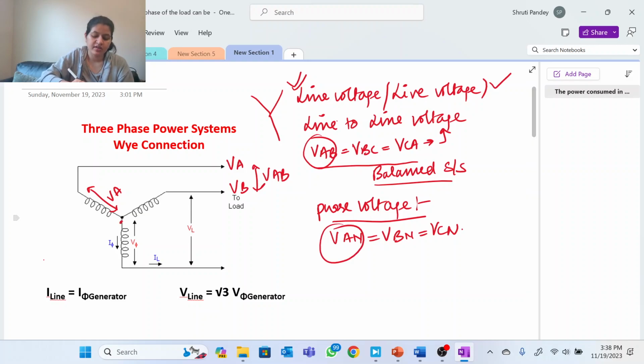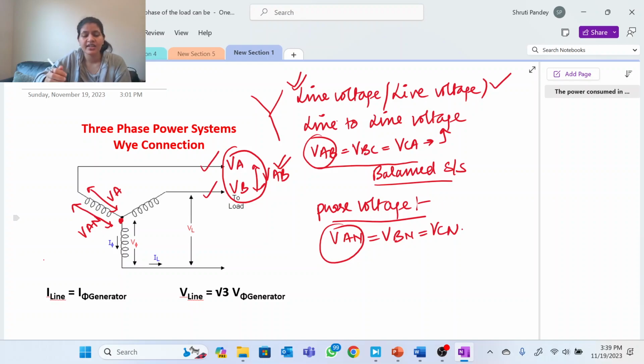You can see yourself that the line voltage, which is VAB, involves two phases, one this, one this, right? So definitely the line voltage must be greater than a single phase voltage. Okay, so the relation is that VAB is more than, and how much more? It is under root 3 times more than this voltage.